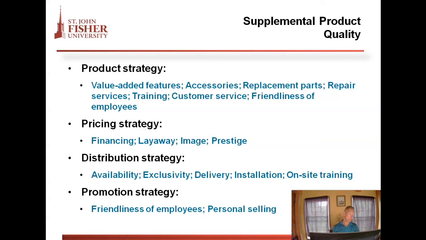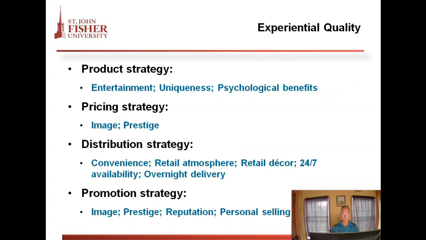Do you want mass distribution like Nike? Do you want limited distribution like Cadillac, or exclusive distribution like Alex and Ani, that jewelry, whatever it's called? I don't buy much of it. And then, of course, your promotional strategy. Personal selling is part of that, the friendliness of employees and all those types of things.